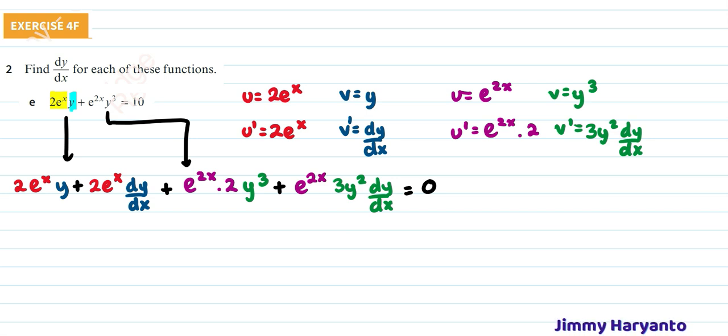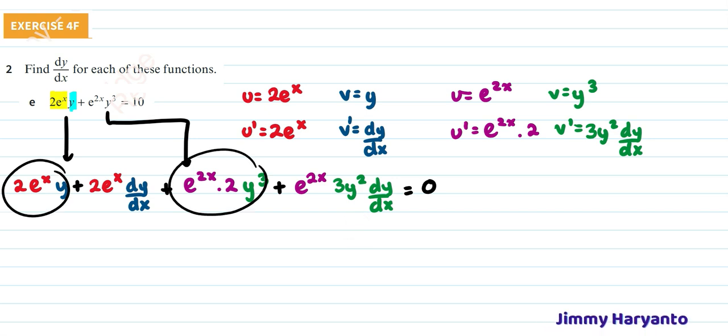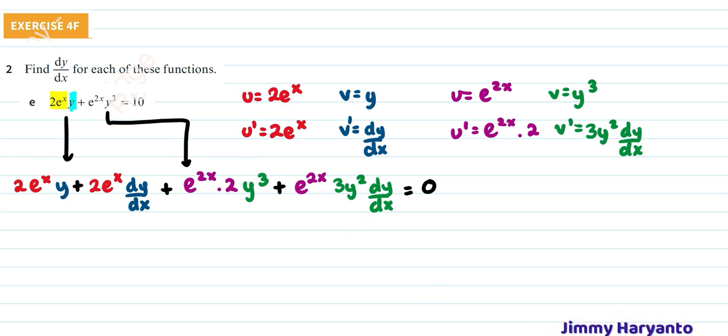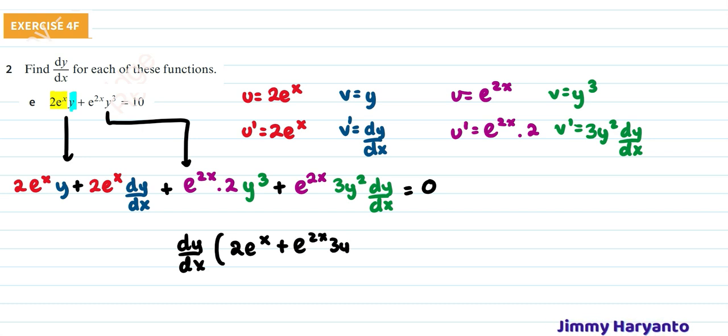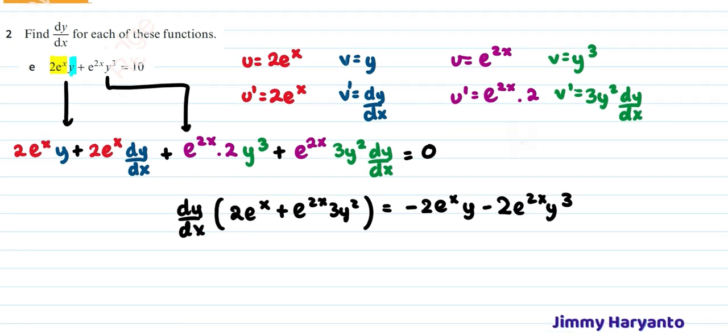And then I will move this and this to the right hand side, and then I will factorize the dy dx. Factorize dy dx, you will have 2e^x as the remainder for the first one. For the second one, you will have these expressions, and then when you move it to the right hand side, you will have 2e^x y minus this one is 2e^(2x) y cubed.